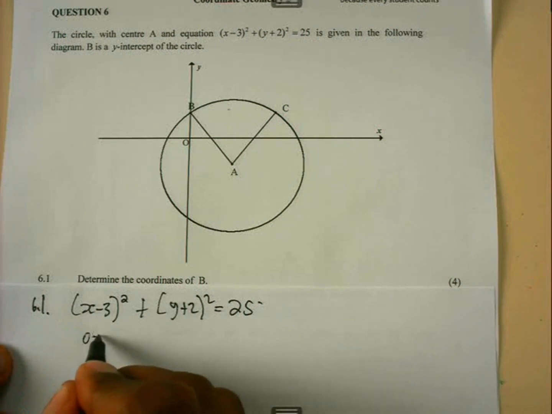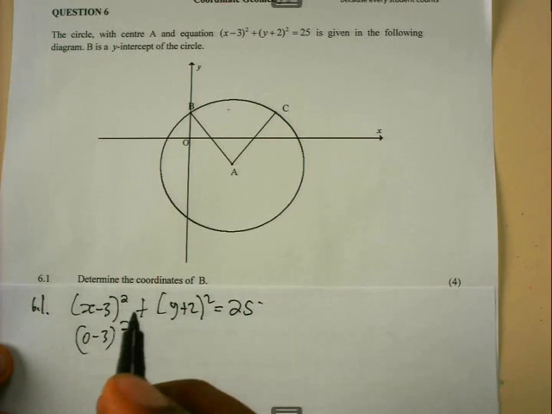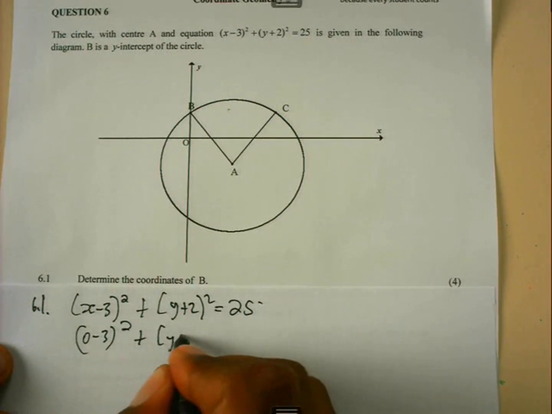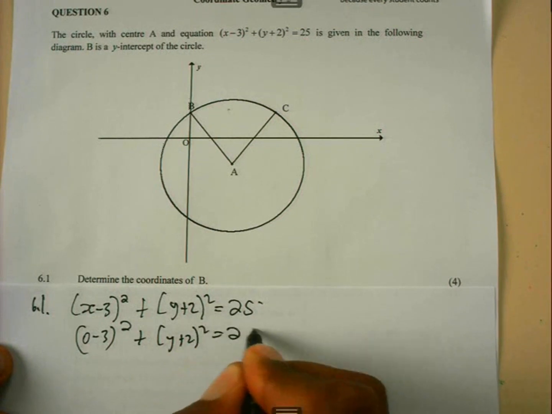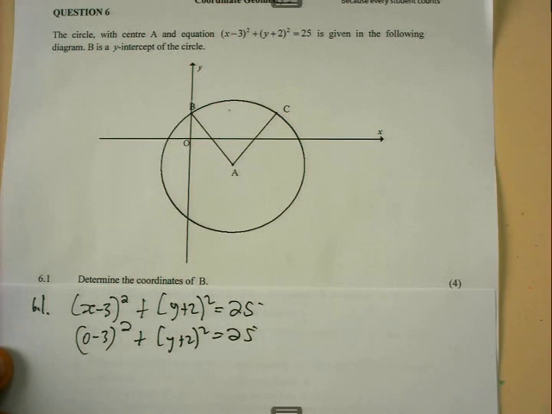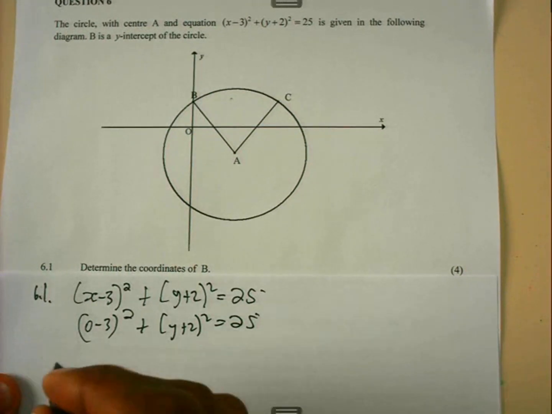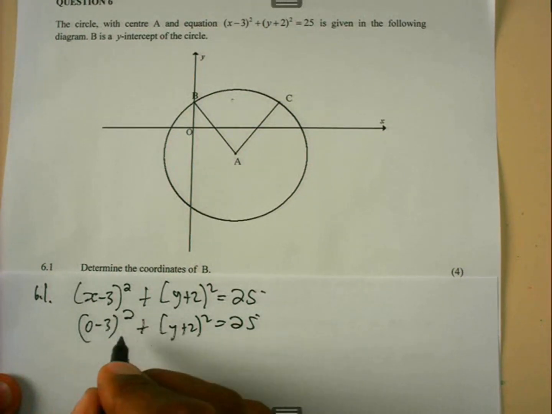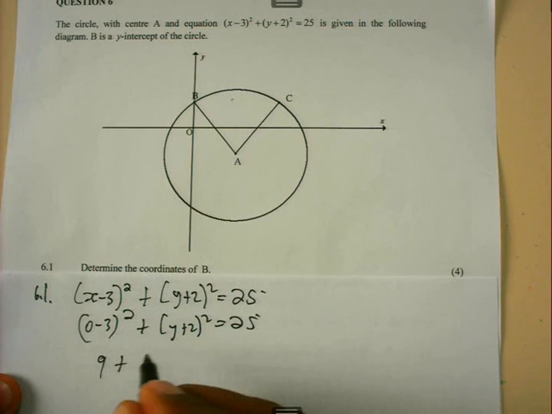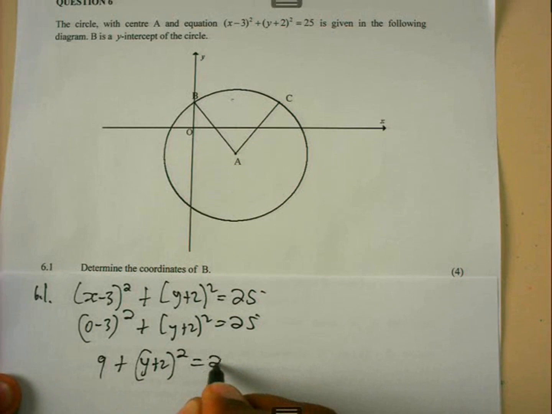Then we say (0 minus 3) squared plus (y plus 2) all squared is equal to 25. Now when you simplify this, minus 3 squared is 9, plus (y plus 2) all squared is equal to 25.